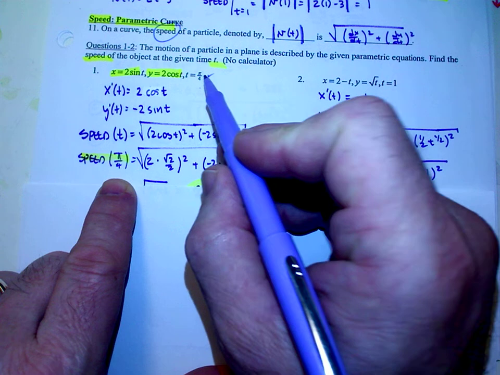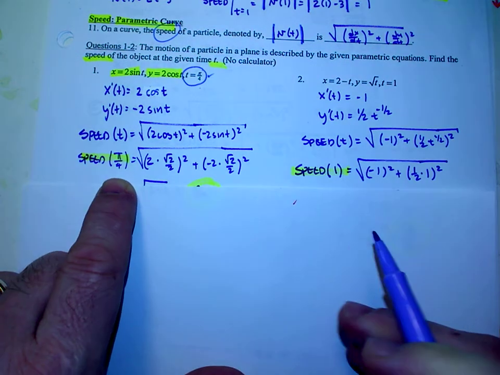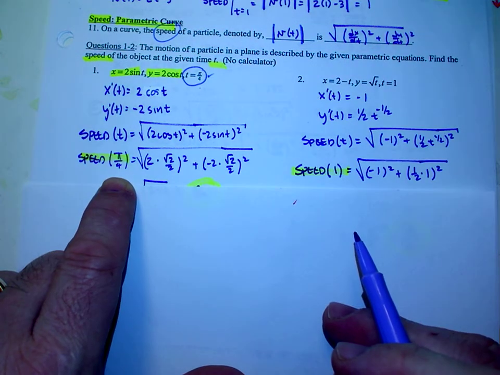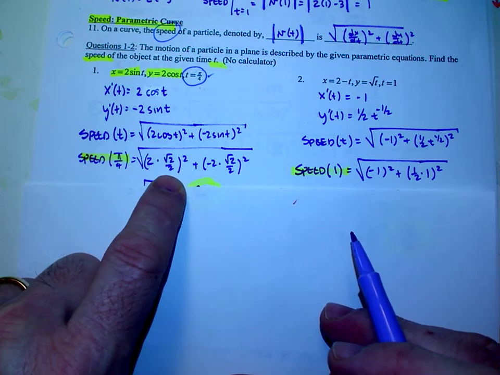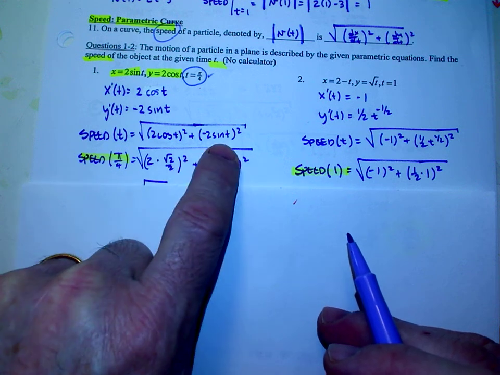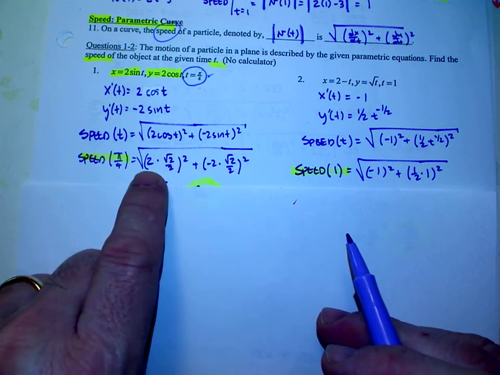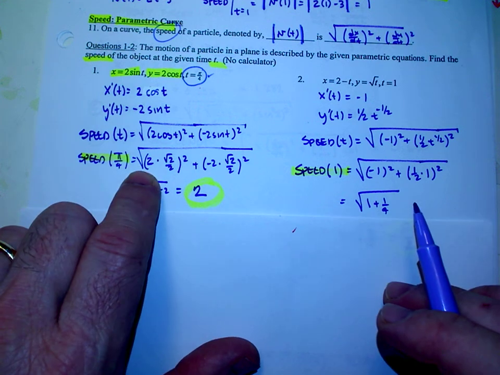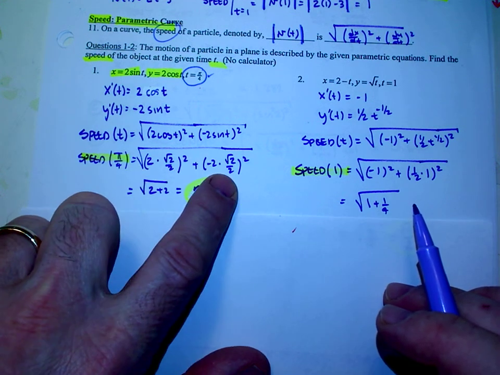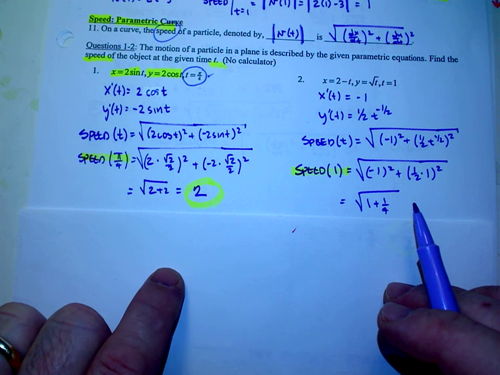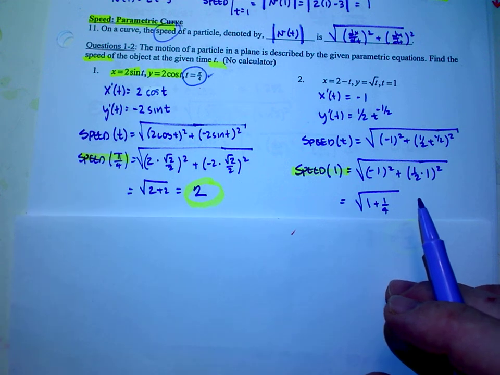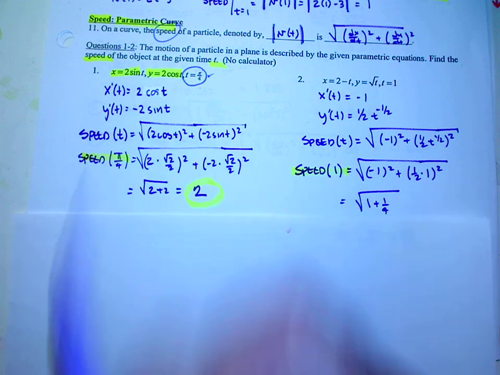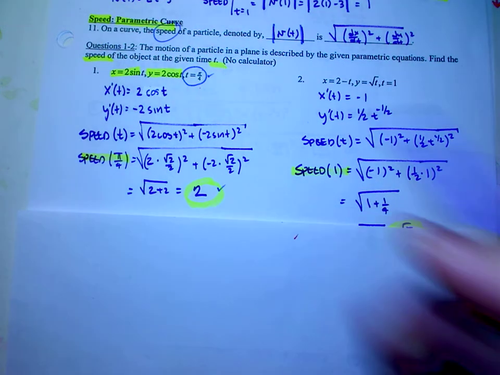Then substitute in our 1/4 of pi, cosine of 1/4 pi, sine of 1/4 pi, multiply inside, which just gives us square root of 2 squared, which is 2, and negative square root of 2 squared, which is also 2. 2 plus 2 is 4. Square root is 2. So the speed of the particle on this curve would be 2.